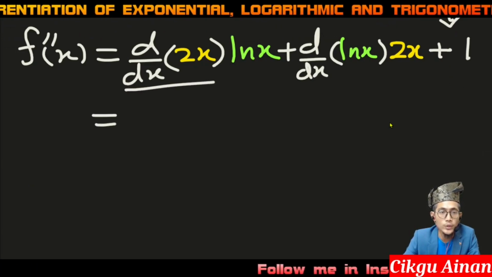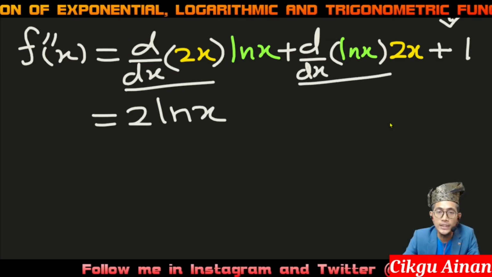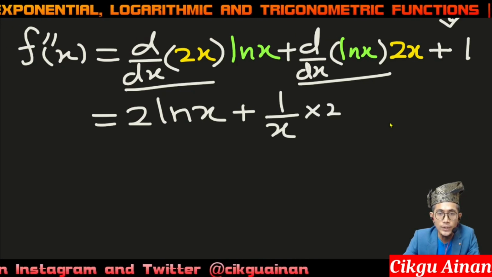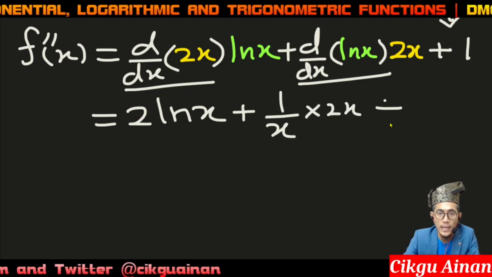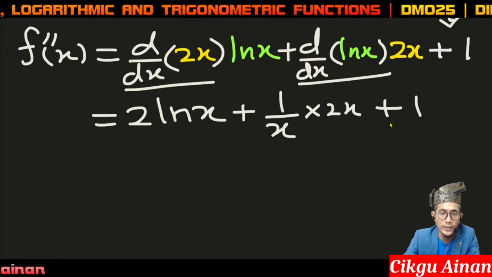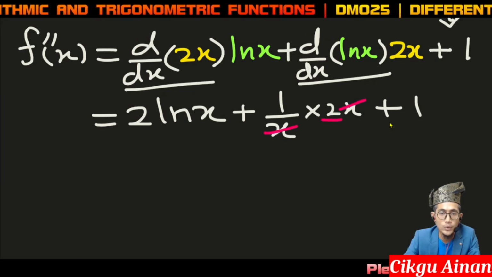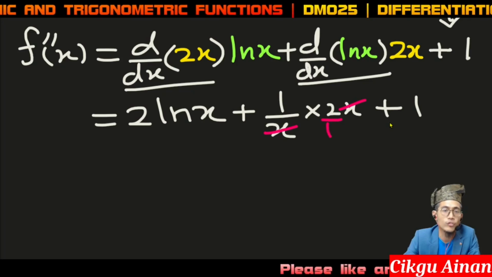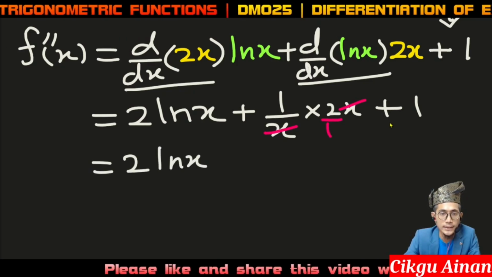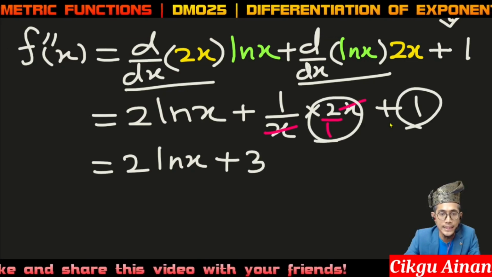So 2x differentiates to 2, multiplied by ln x, plus 1 over x multiplied by 2x, and then this one just bring it over. But this one we can cancel out, become 2 over 1. So 2 ln x plus 2 plus 1 is plus 3.